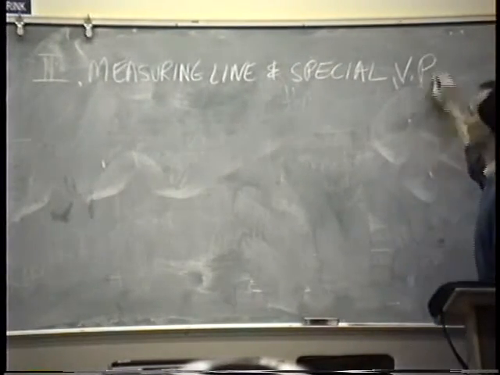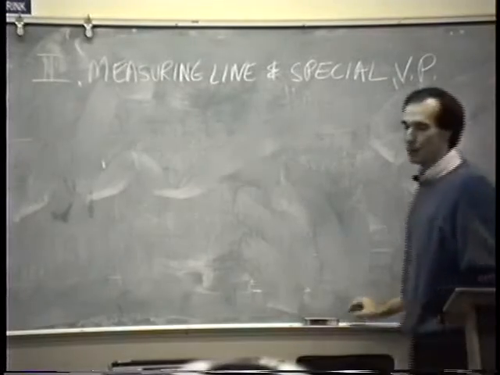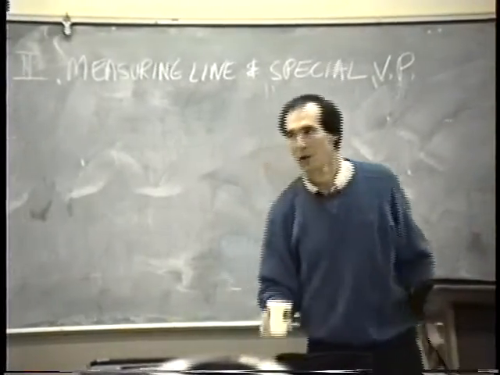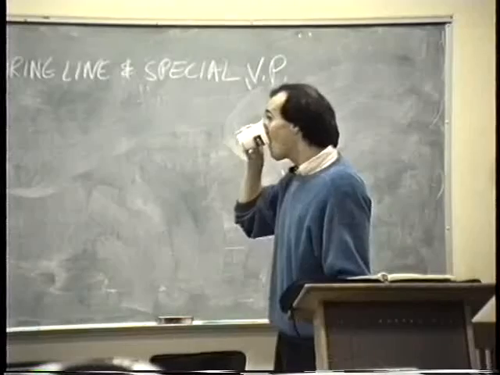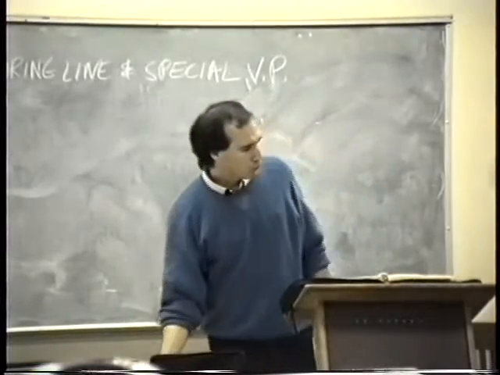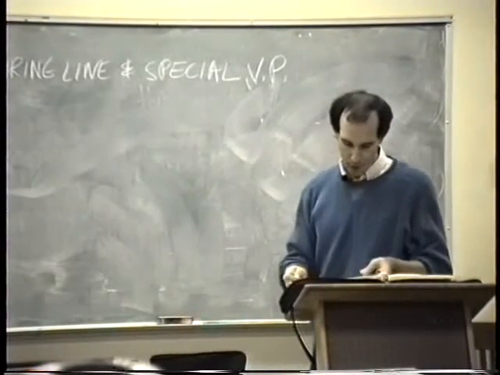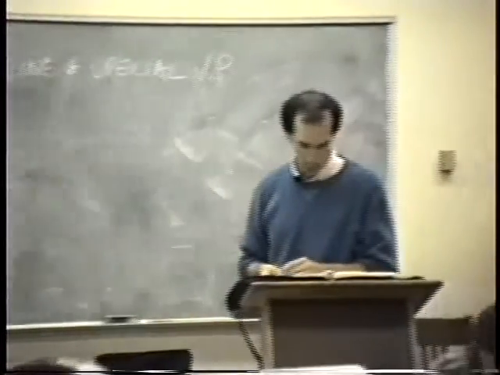Again, I put this title up here knowing that it doesn't mean a lot, but it will when I've explained it, because I'll go back over that title. The measuring line and special vanishing point.